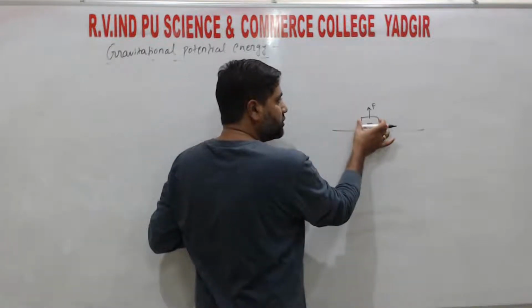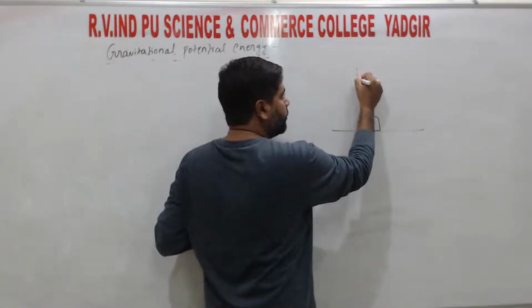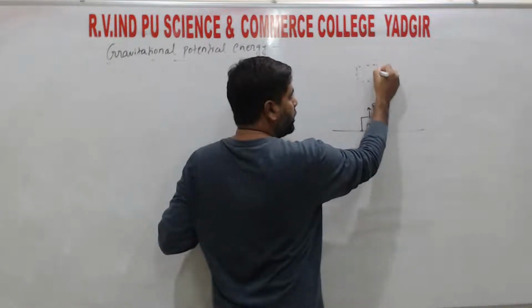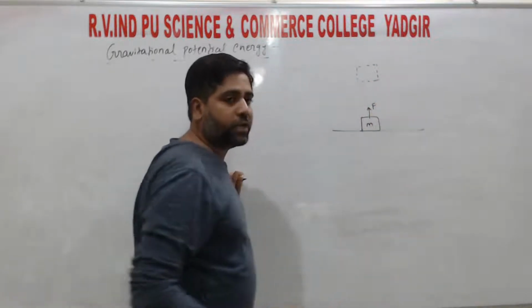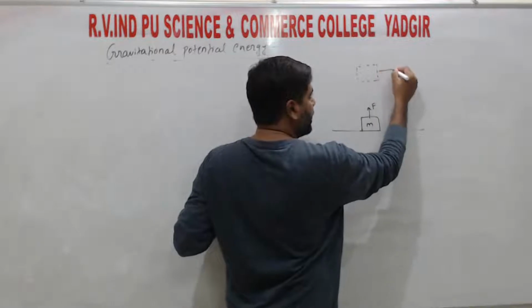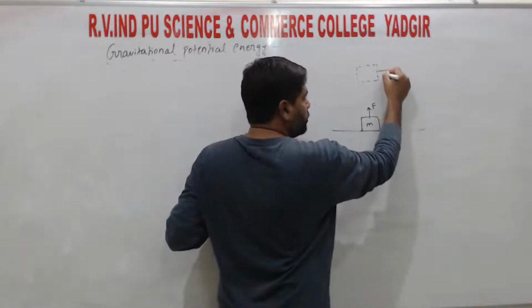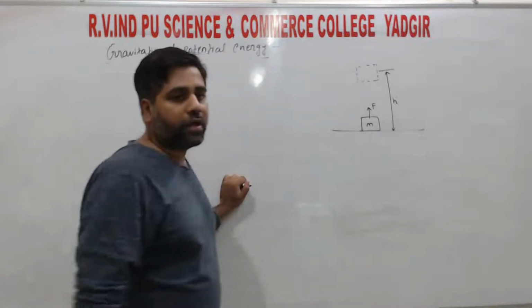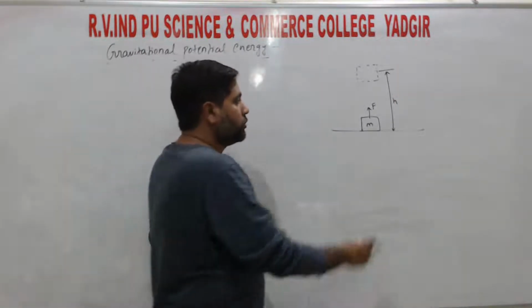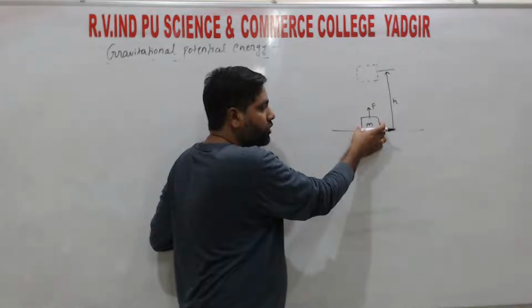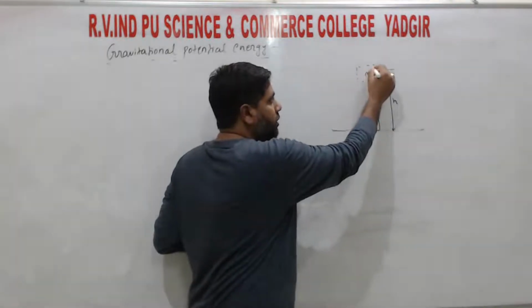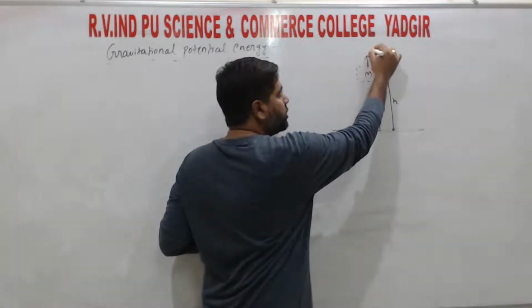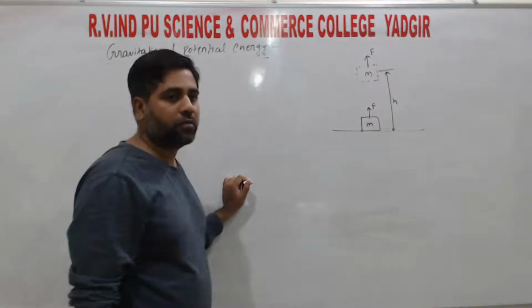This is the force which is required to lift the object to a height h. Since it is vertical, we call the displacement the height, right? So this is the external force F.